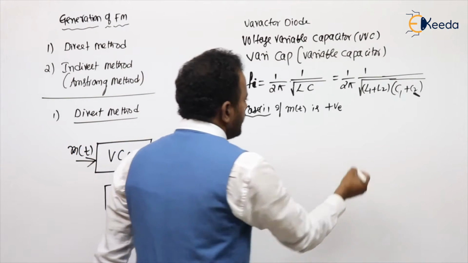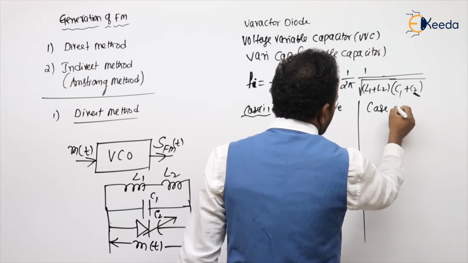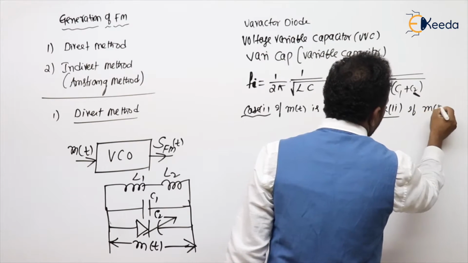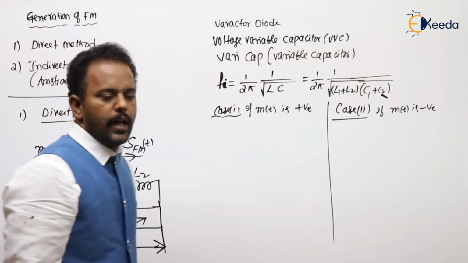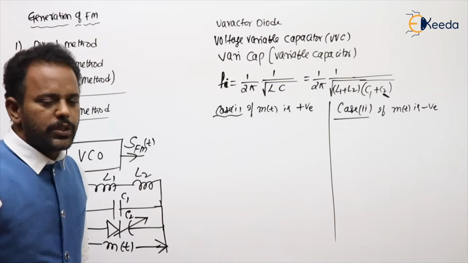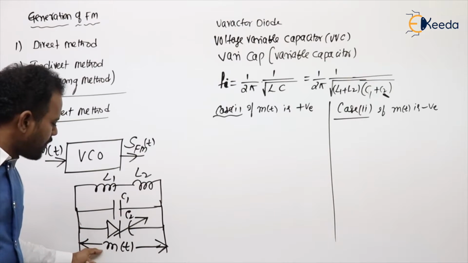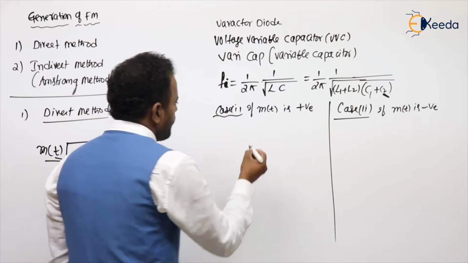Let's see the parallel case here. Case 2, I will show you if m(t) is negative. I am taking the main circuit in a tuned form because the overall operation depends upon this varactor diode and the remaining parts are fixed. So take the varactor diode.